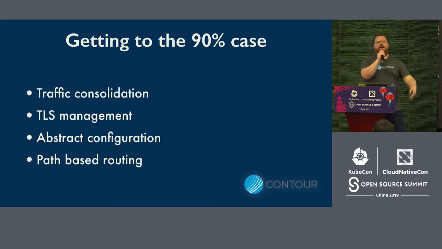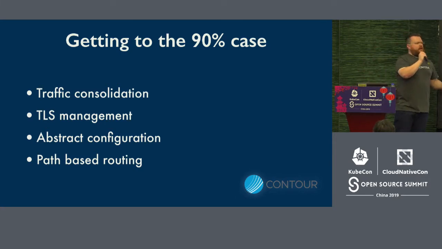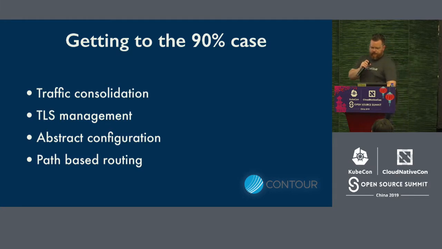You have to do that in your application. And this is definitely something that an Ingress controller should take care of, as well as talking about your abstract configuration, so that you can describe the way that your web application works to Kubernetes rather than encapsulating it in your application.